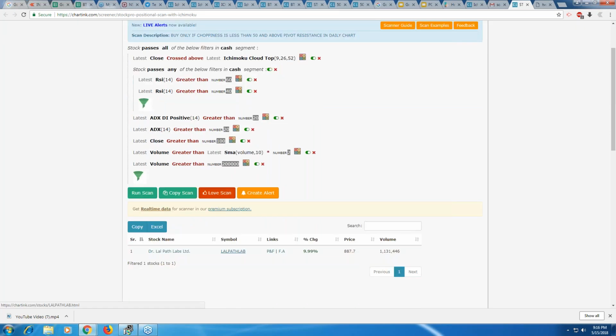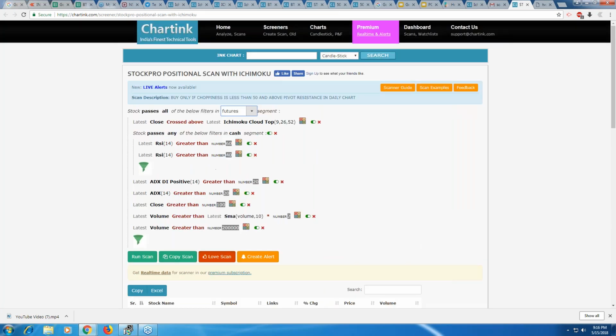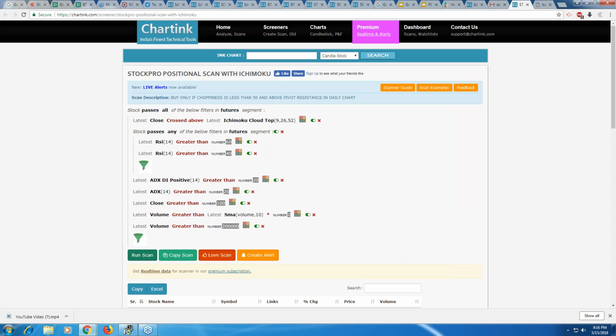Let me filter and see if I could get some futures stocks, and here I can make it futures also. Let's see if I could get something. No stocks. No stock that I have got here. If I reduce it, what else can I do? I can reduce this, and let's see if I run the scan. Do I get something?